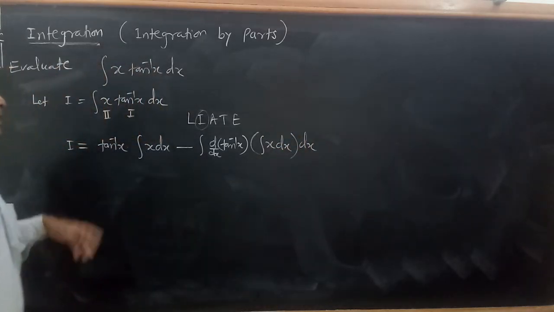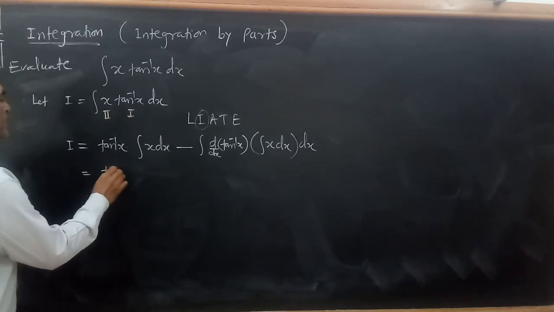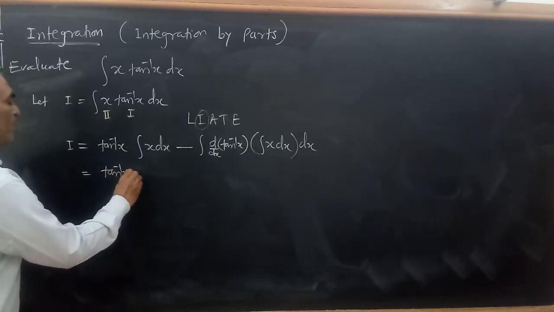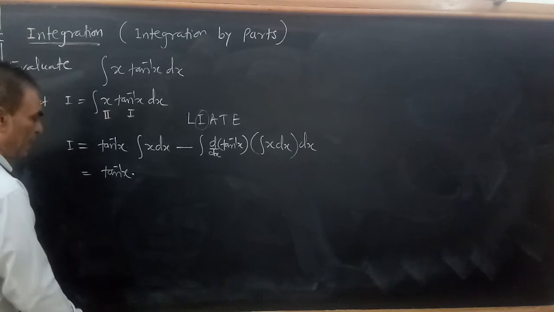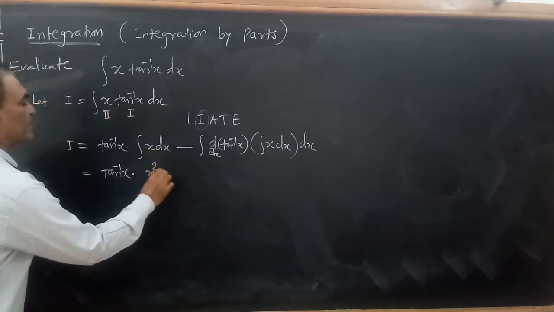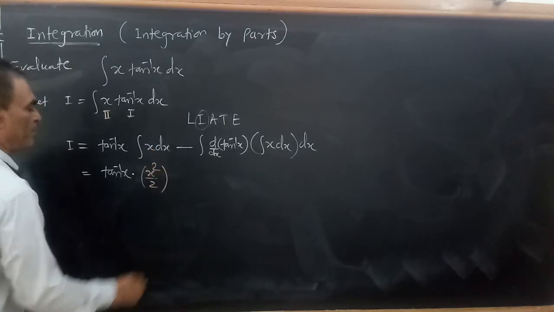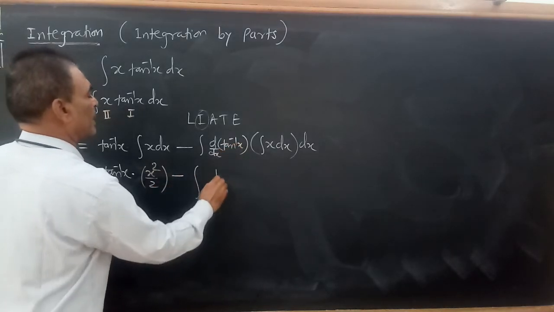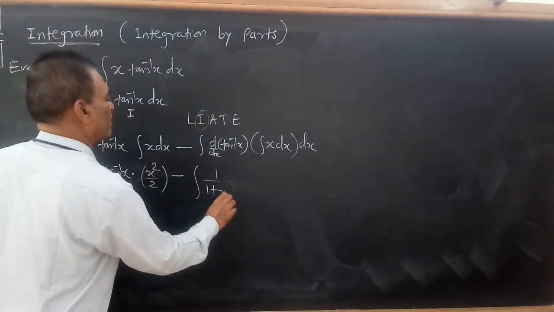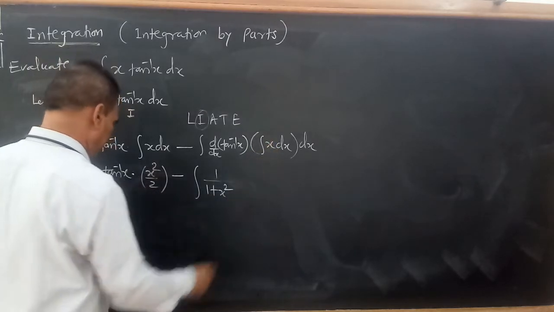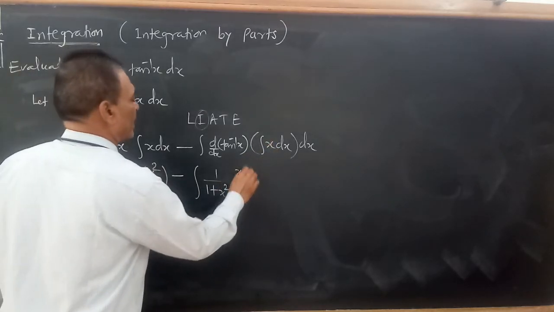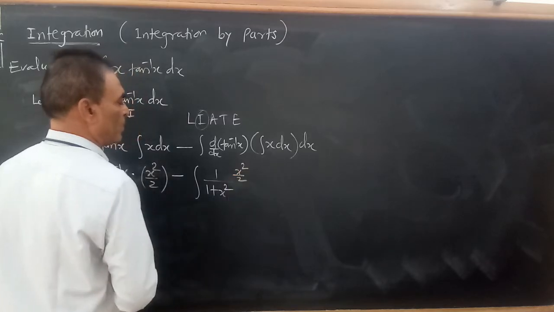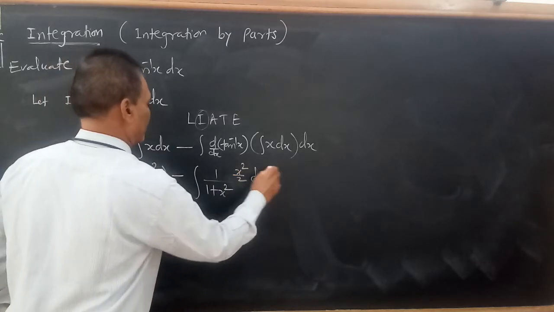Okay. Then simplify step by step. Tan inverse x. What is integration of x? You will get x square by 2, minus integration of derivative of tan inverse x, 1 upon 1 plus x square, into x square by 2 into dx, isn't it?